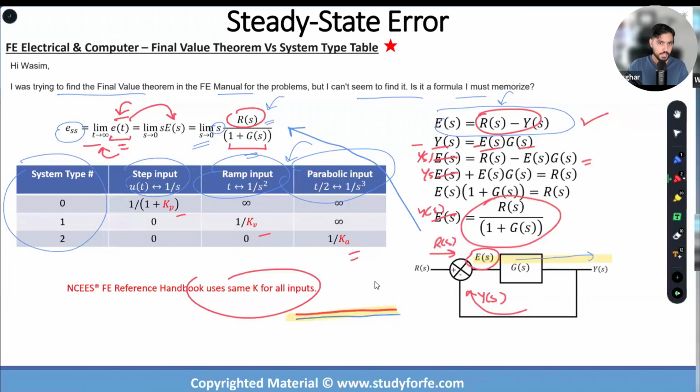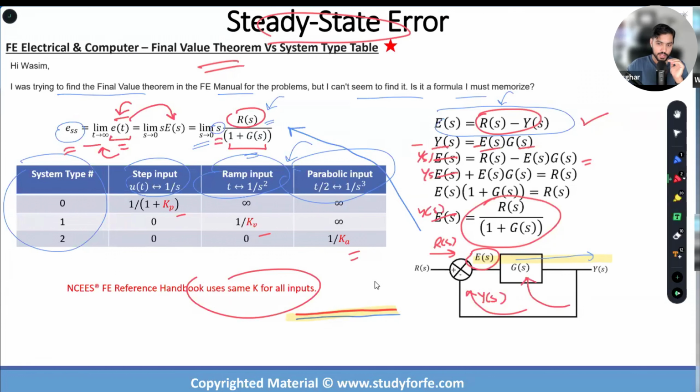Okay. So I strongly recommend you to actually go through the final value theorem. Plenty of practice problems in the course. Recognize what it is doing for you. In the time domain, it is figuring out the value of the error function at infinity, which is called the steady state error. All you have to do is simply multiply s with R of s divided by 1 plus G of s.